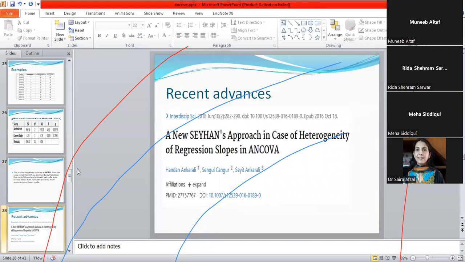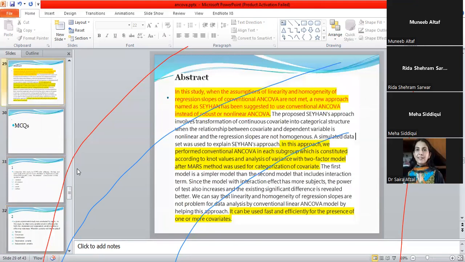Recent advances: a new approach in case of heterogeneity of the regression slope in ANCOVA was published in 2018. In this study, when the assumptions of linearity and homogeneity of the regression slope of conventional ANCOVA are not met, a new approach has been suggested to use conventional ANCOVA instead of robust or nonlinear ANCOVA.